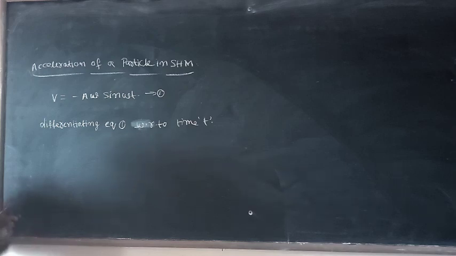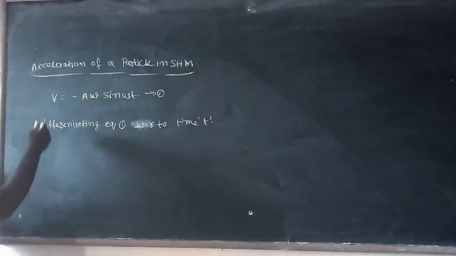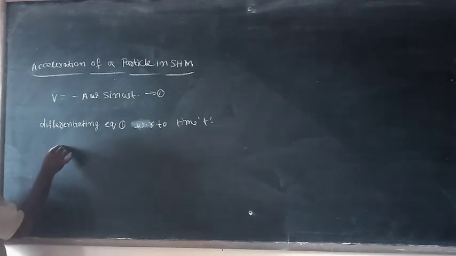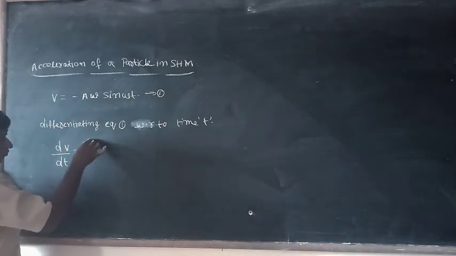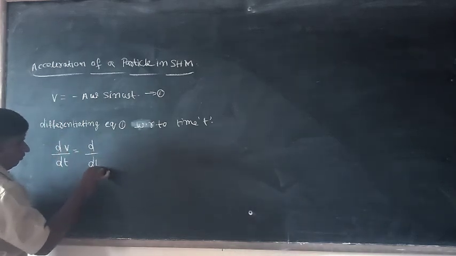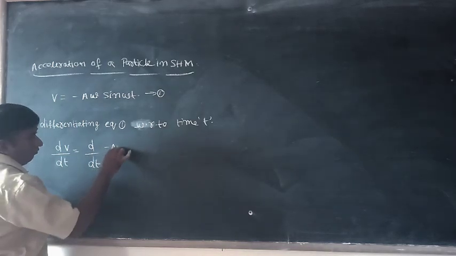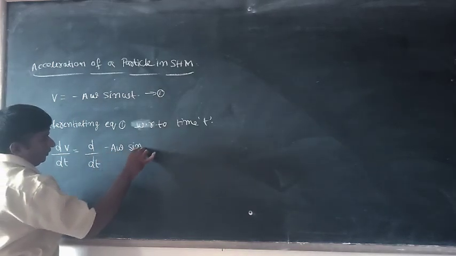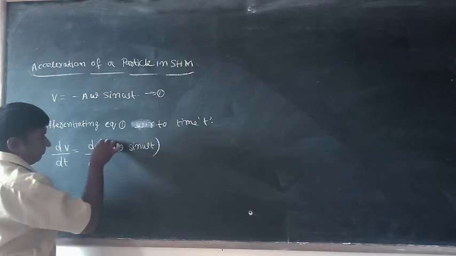So dv by dt is acceleration. With the help of this, I can write, differentiating with respect to time, d by dt of v is equal to d by dt of minus a omega sine omega t.